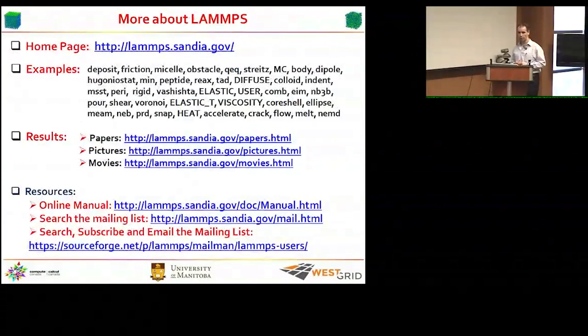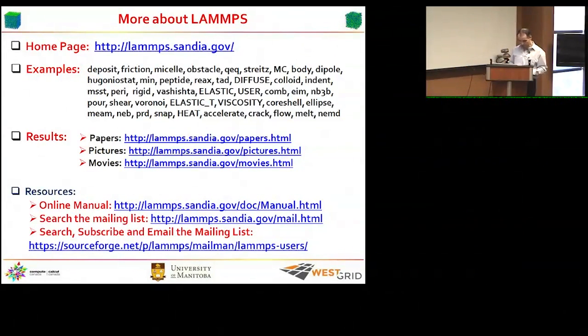Now, to learn more about LAMMPS, the best start is to go to the website and see everything. You can also go to the examples and try to run them. Most of them, except one or two, can be run. It depends. For example, if the program is installed with all the packages, you can run all the examples. But if I take Voronoi, for example, and you don't install this package, you cannot run this example.